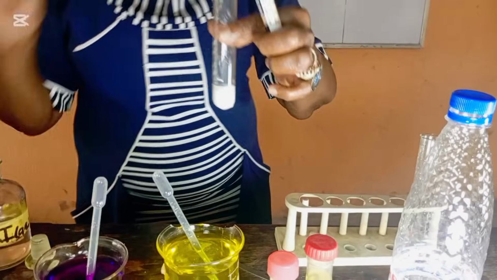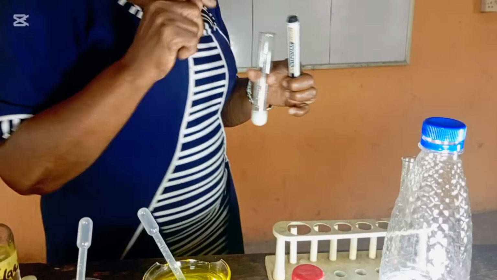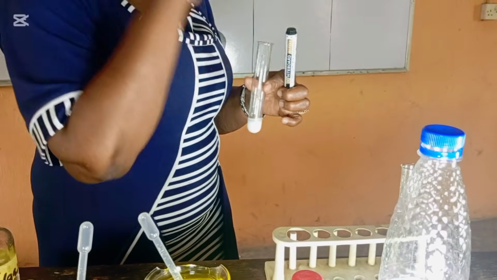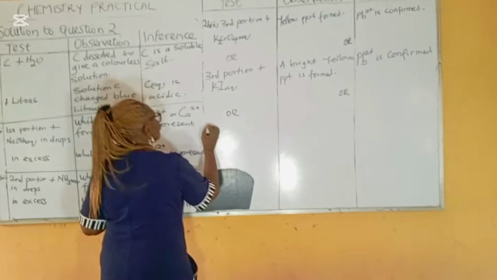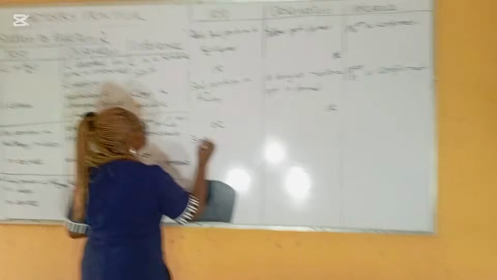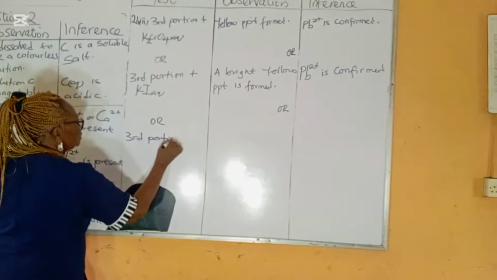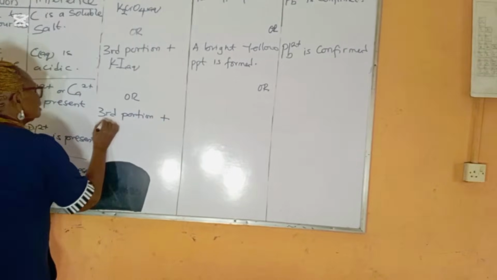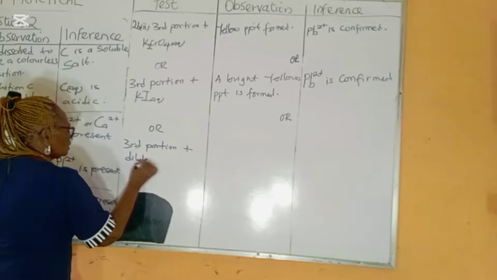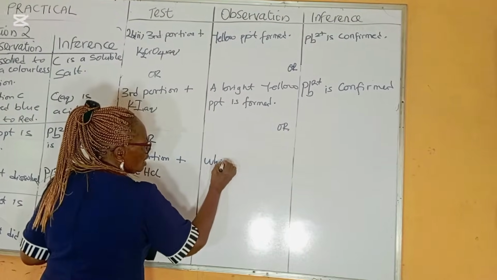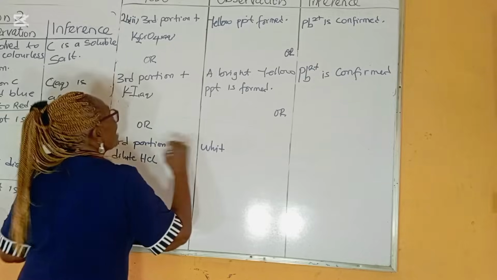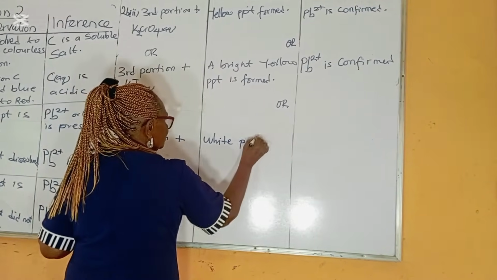White PPT is formed, but you are asked to heat. When we go to heating, we observe something there. But you can comment before you go to the heating. I'm still dealing with the third portion. So third portion plus dilute HCl, I observe white PPT.